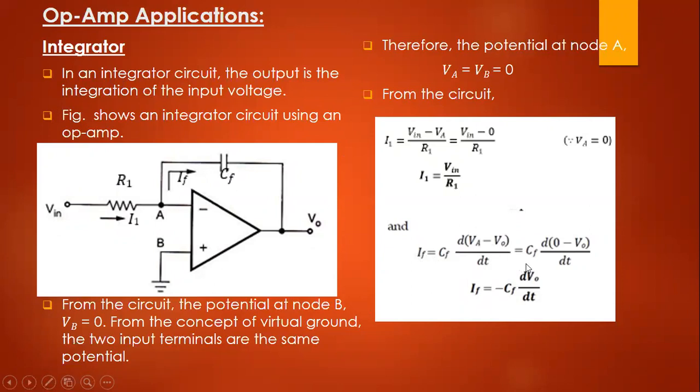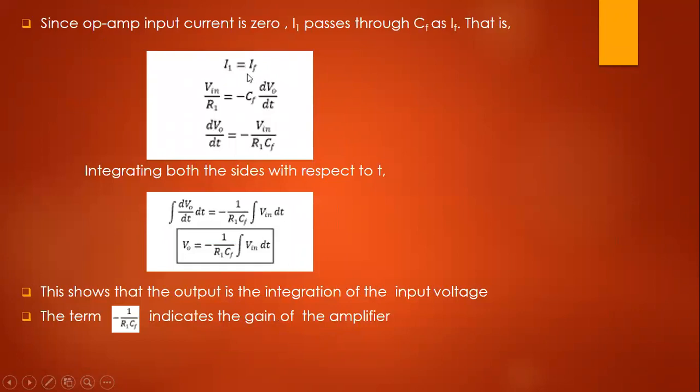So IF becomes CF into d by dt of (0 minus V0), which is equal to minus CF d by dt of V0. Okay, so now since the op-amp input current is 0, current I1 flows through the capacitor CF as IF. That means I1 is equal to IF.